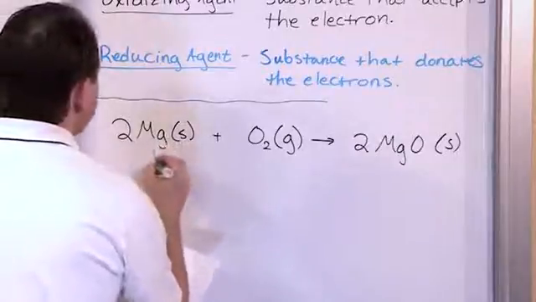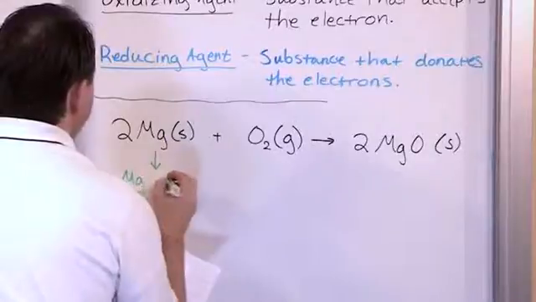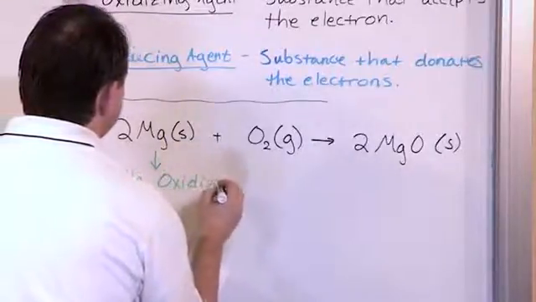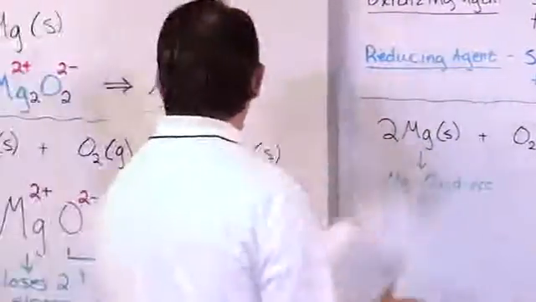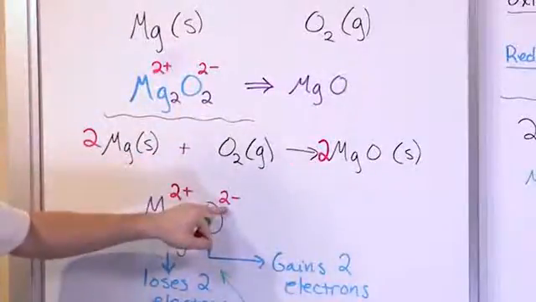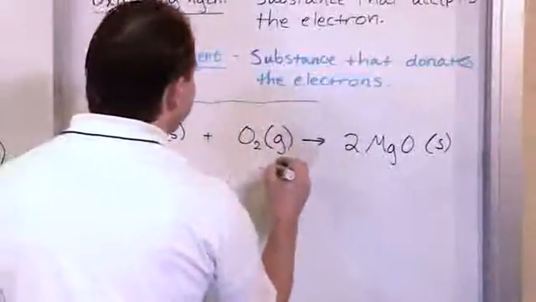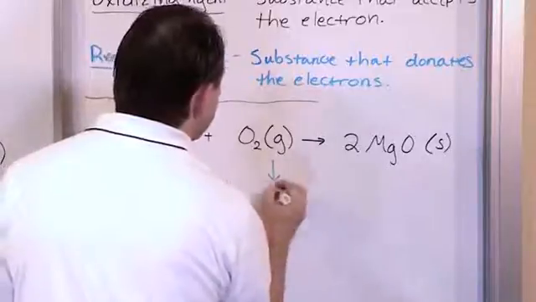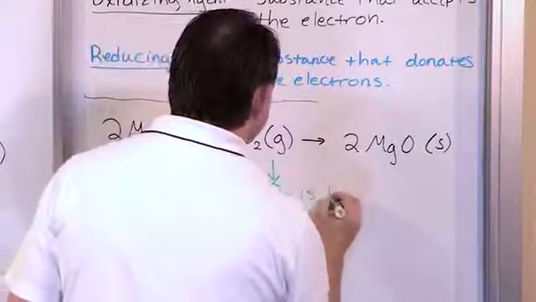Because it loses electrons, we say that the magnesium is oxidized. And we also talked before that the oxygen goes from a charge of 0, neutral, and takes on a negative charge, so it has to gain electrons. Based on our definition, when a substance gains electrons, we say it is reduced. So let me just say the oxygen is reduced.